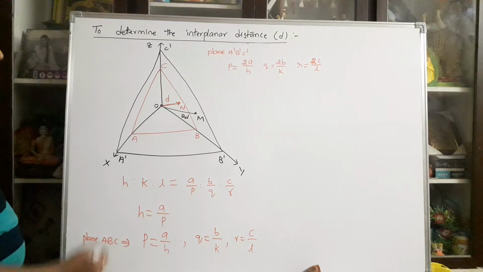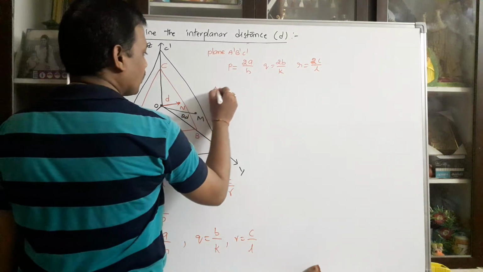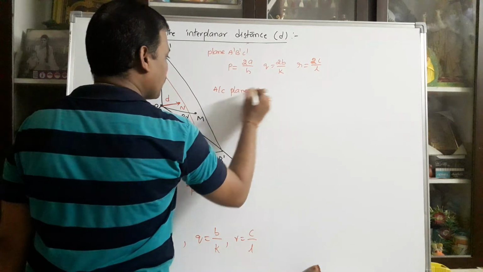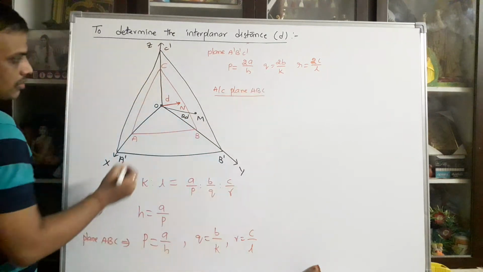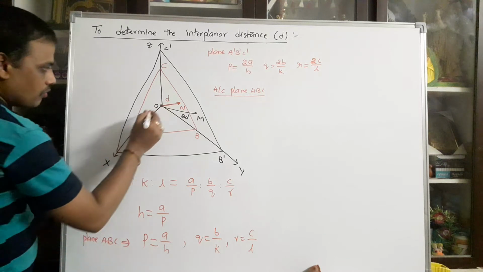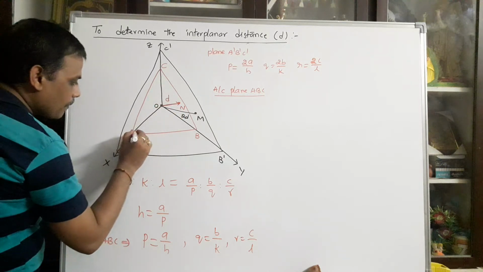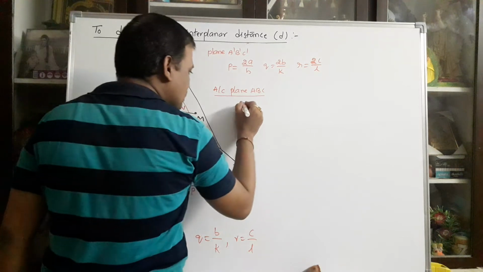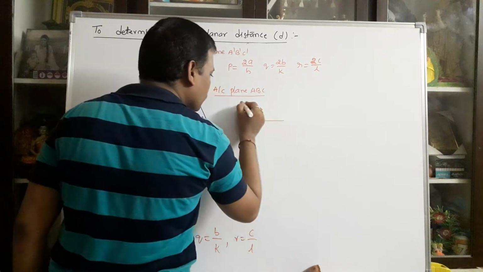Suppose, according to plane 1, the plane ABC, you take this point N. Consider the triangle ONA. This is a right angle triangle.